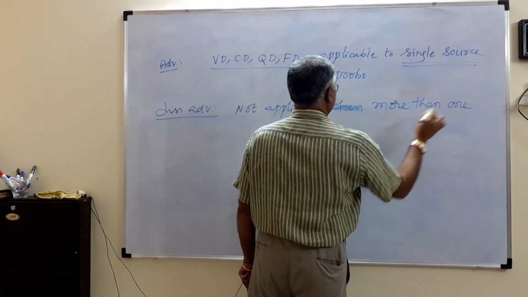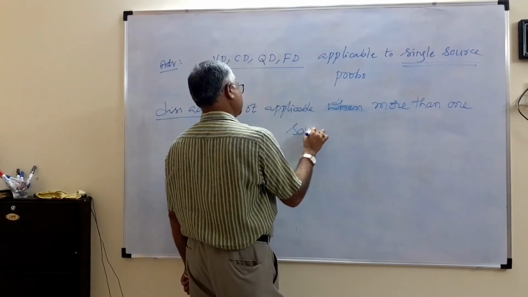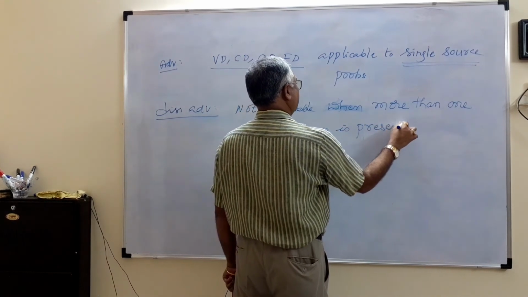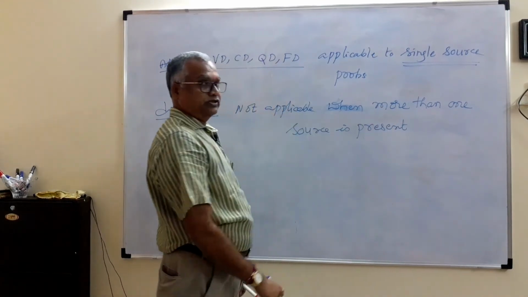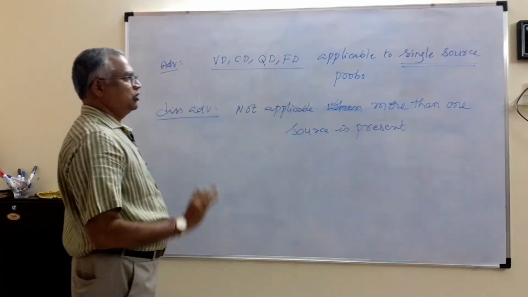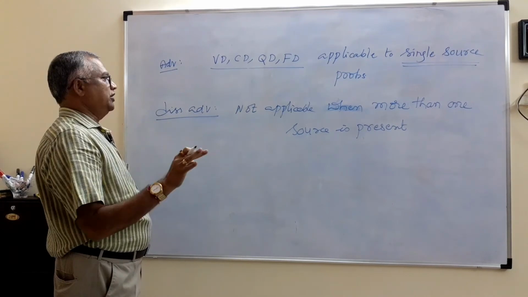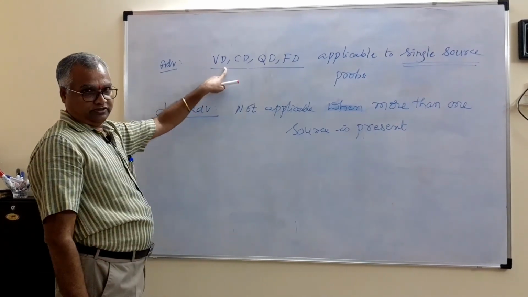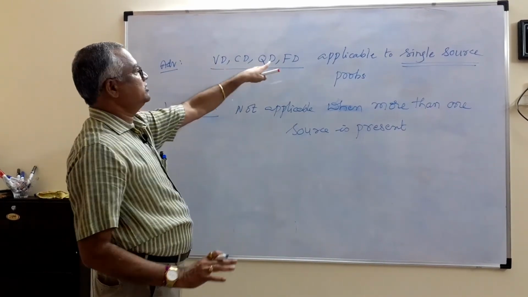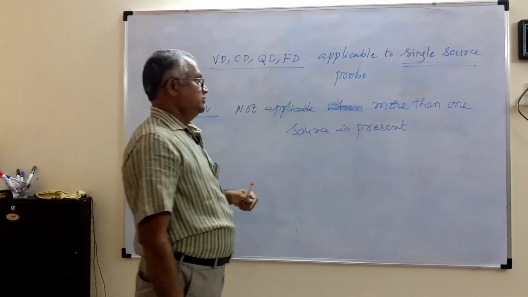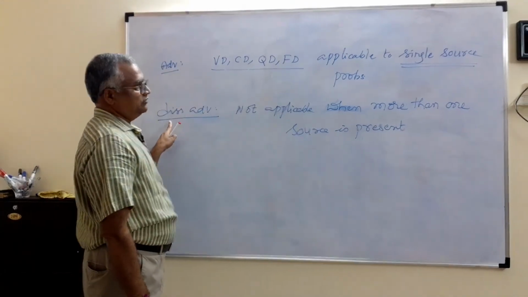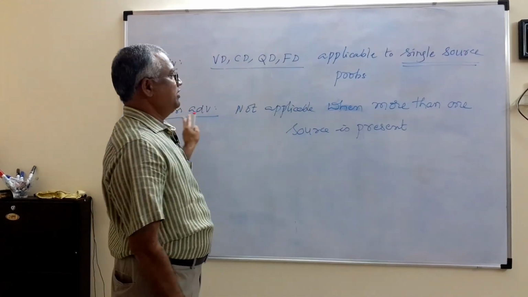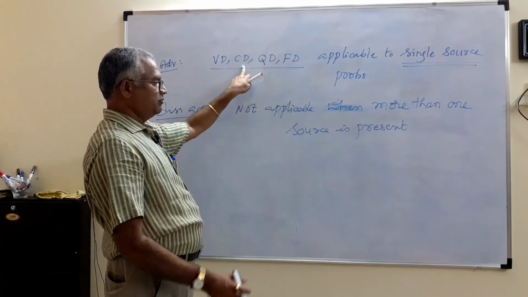If two are there, or three are there, don't use this. If only one is there, use this. But you should know these formulas correctly. So the advantage is that you can analyze with a single source; the disadvantage is that with more than one source, don't apply.